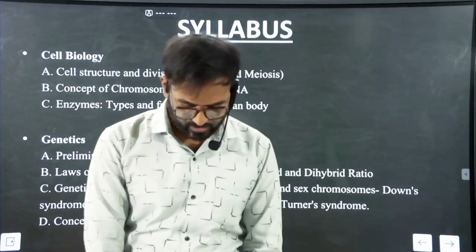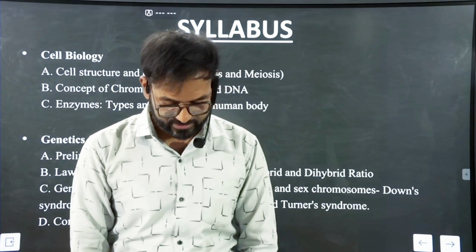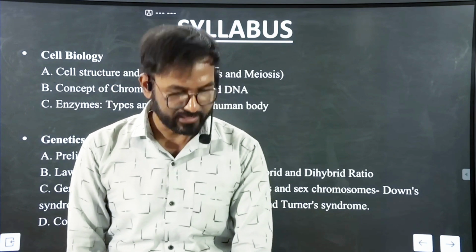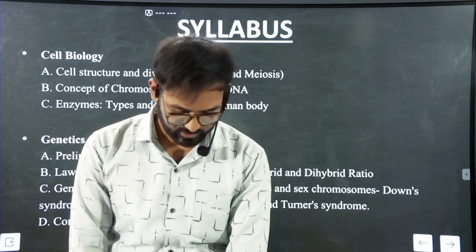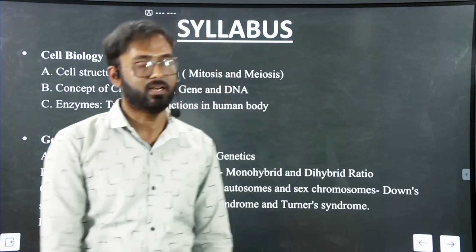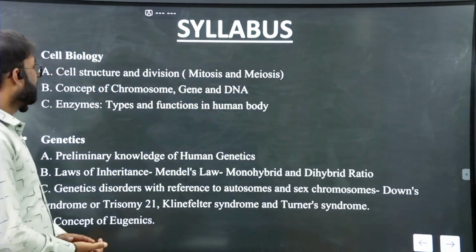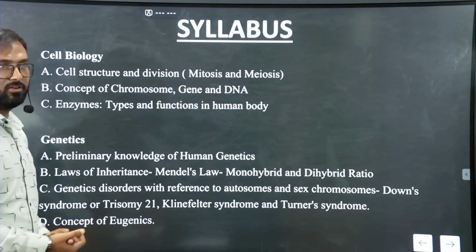So I think the new syllabus will be great if it is in the CUET syllabus also. Students can score good marks, up to 200 out of 200. It's very easy because the syllabus is very organized now.